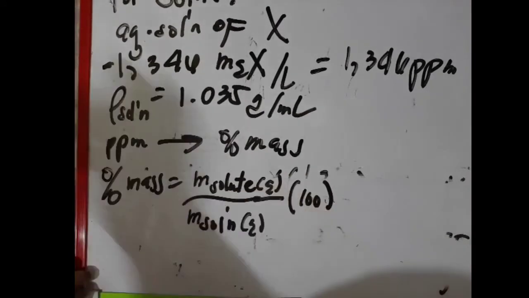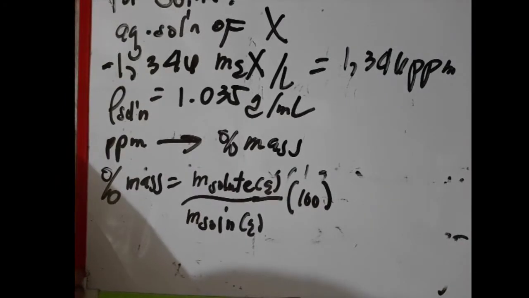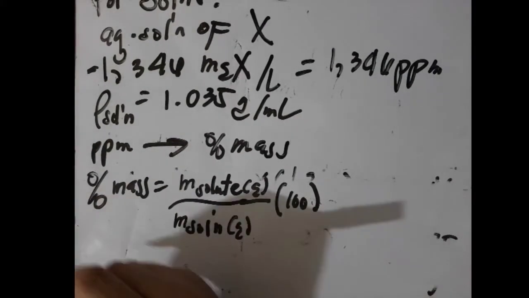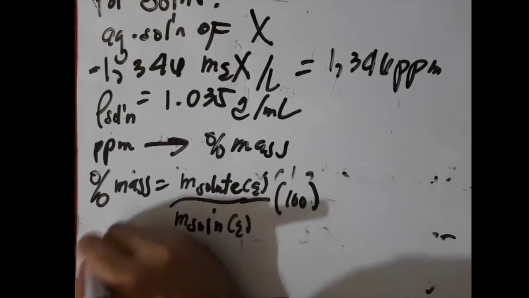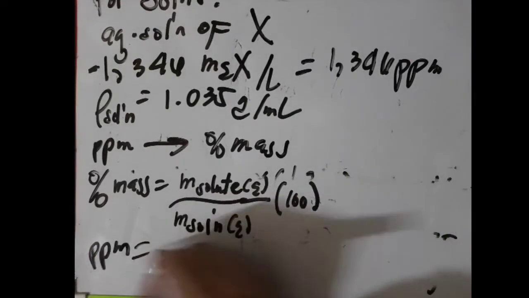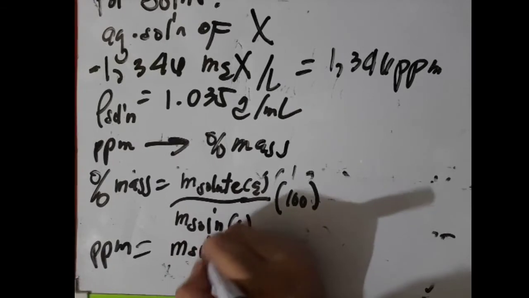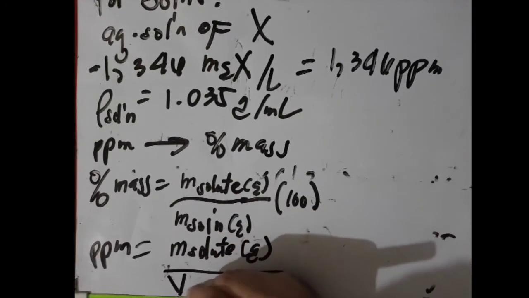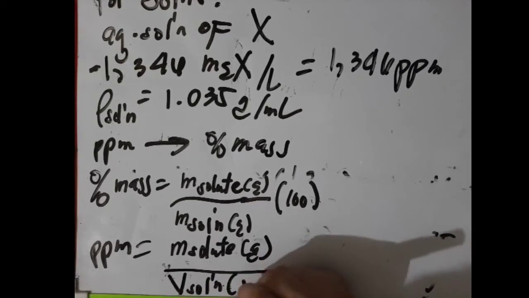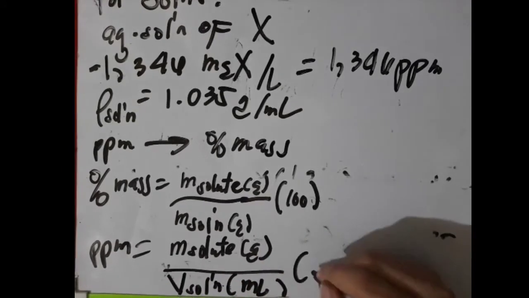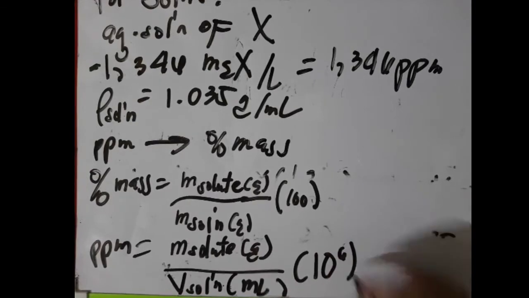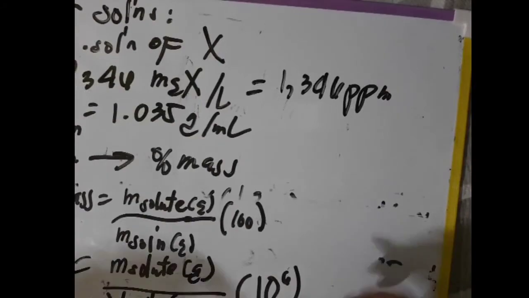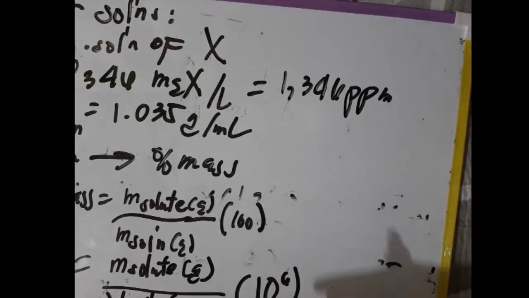And then parts per million is equal to the mass of the solute in grams divided by the volume of the solution in milliliters multiplied by 10 to the 6, or 1 million. So I'll erase this one.